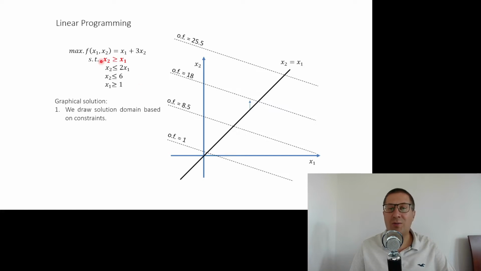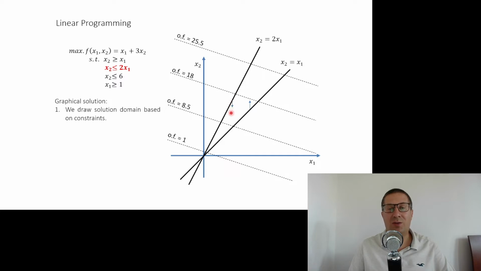But of course, we have some constraints, like the fact that the number of items of product B, so x2, has to be higher than x1. If this is the line that represents this constraint, we have to be above this line, which is good because probably the optimal solution is somewhere there. On the other hand, there are other constraints as well, like this one.